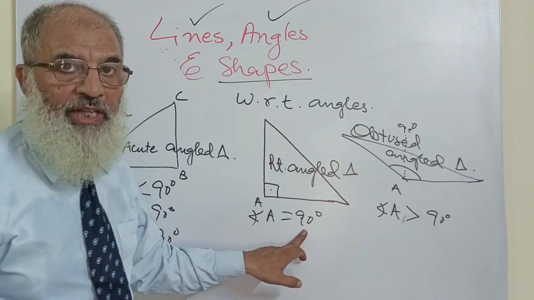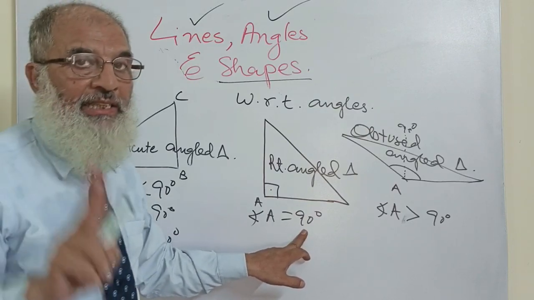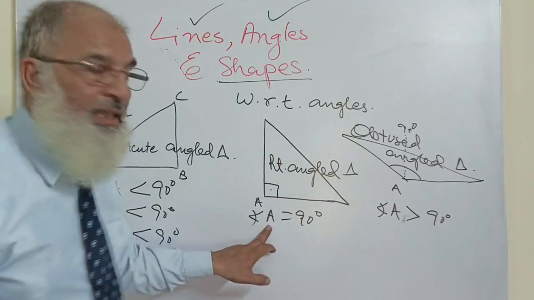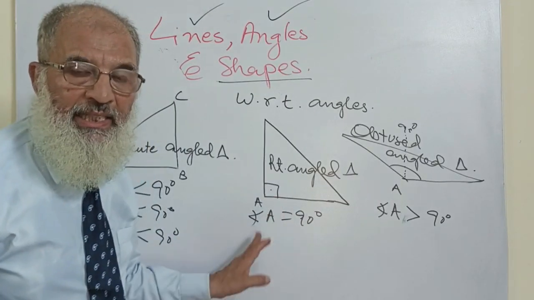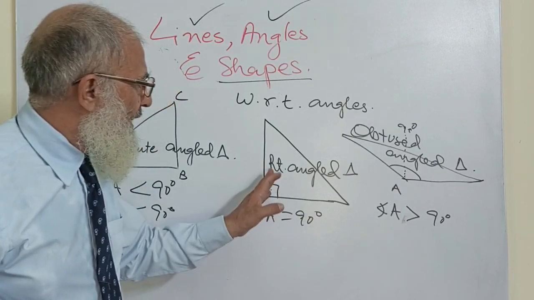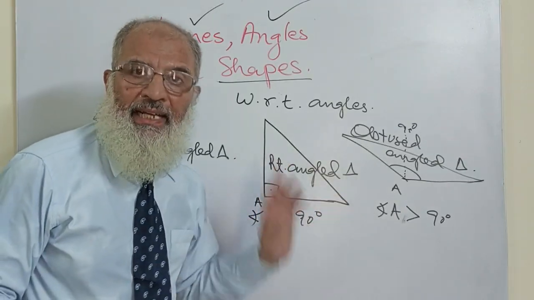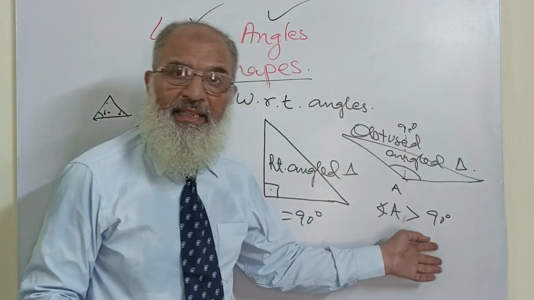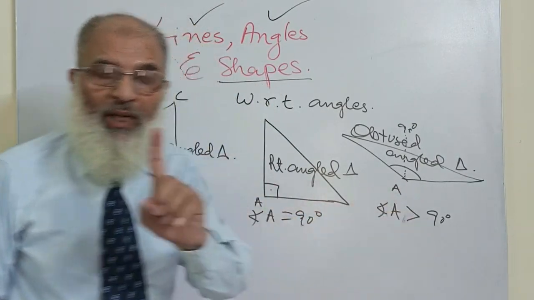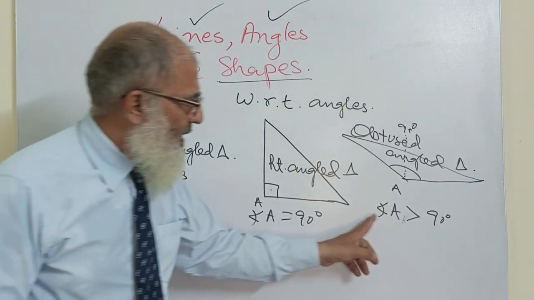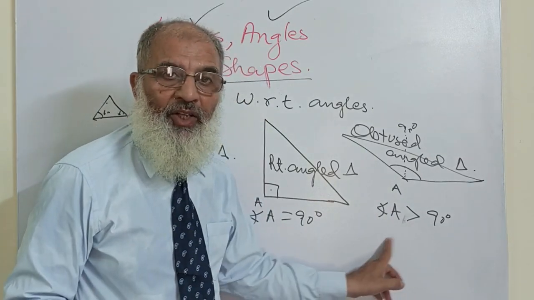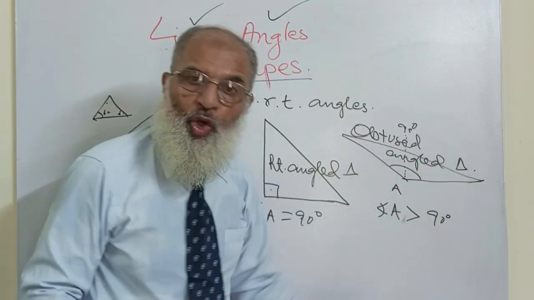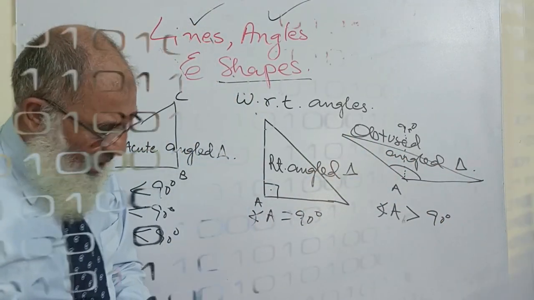If one angle is greater than 90 degrees, then the triangle is said to be obtuse angled triangle.